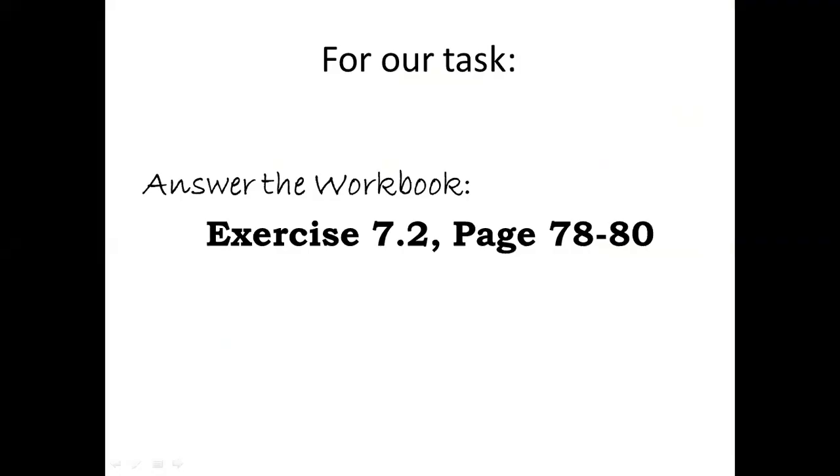Let's continue and open your workbook. Everyone, take out your workbook, and I want to see them on your camera. Open to page 78.